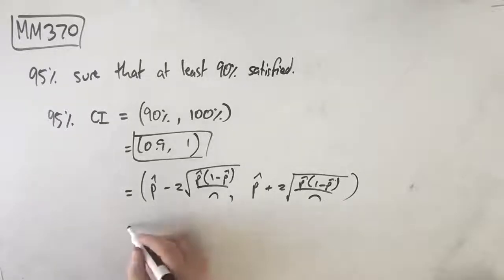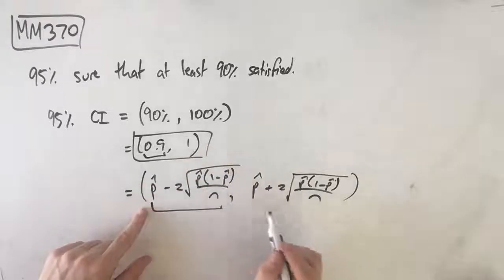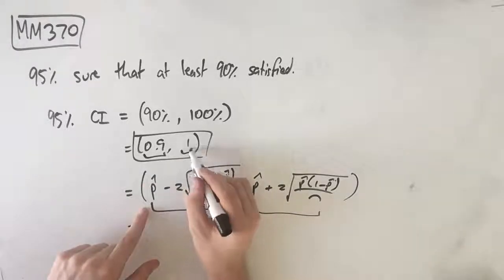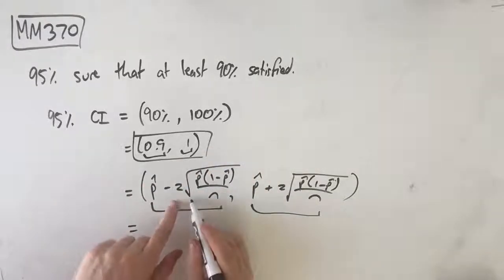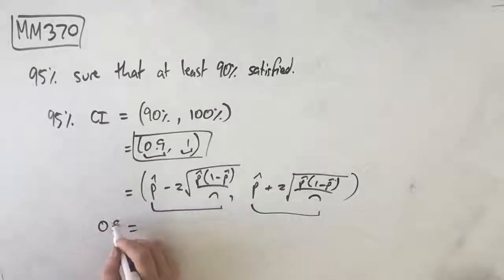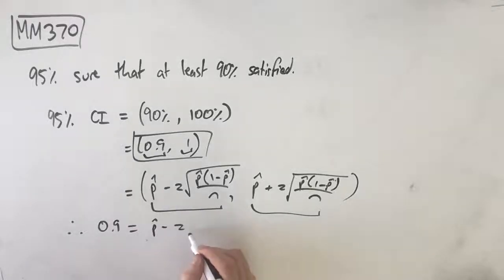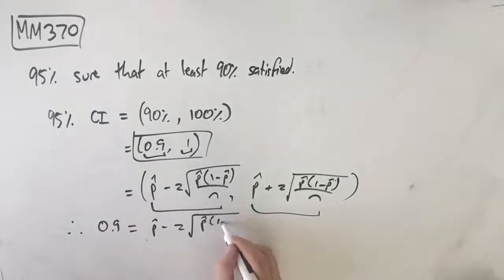Because this is our lower bound and this is our lower bound, and this is our upper bound and this is our upper bound, we can say that this one part here is equal to 0.9, okay? So therefore 0.9 equals p hat minus z times the square root of p hat (1 minus p hat) over n.